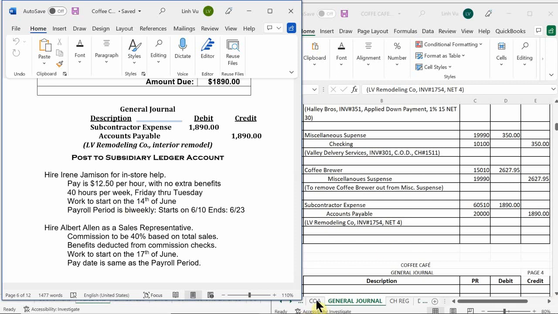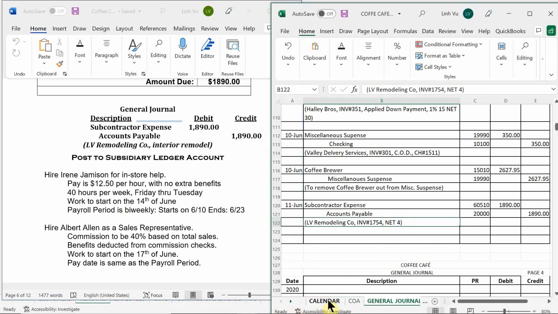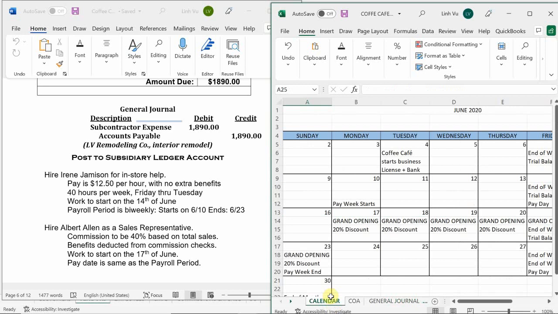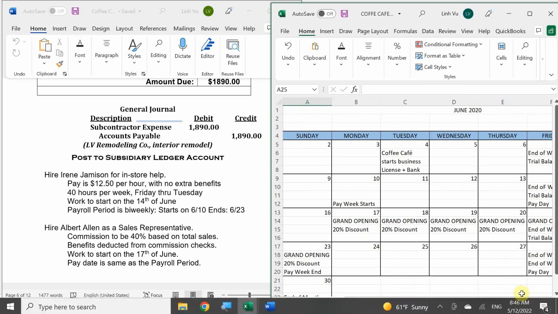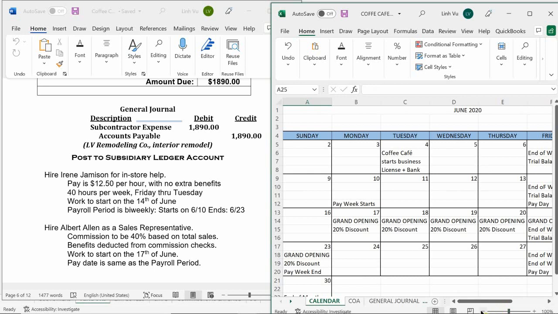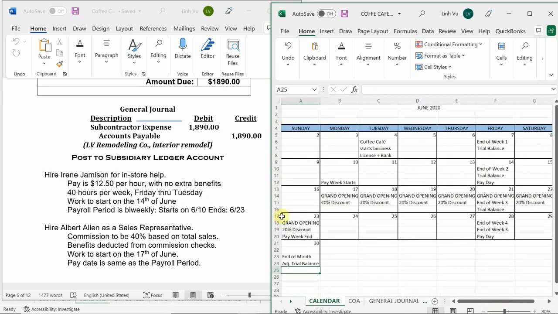Now, if you take a look at the calendar that's on here, how does a payroll period work? It just keeps track of how many hours a person works in a span of 2 weeks.